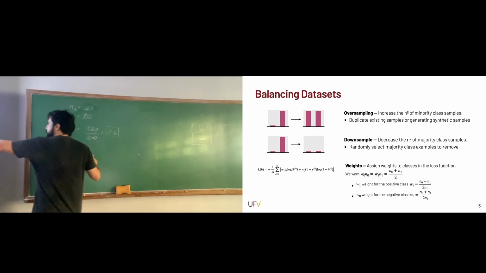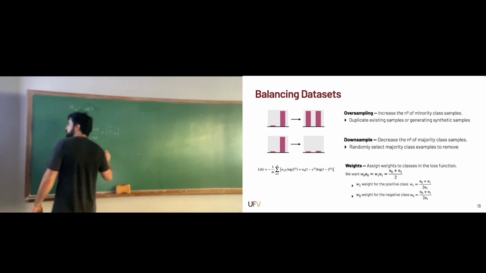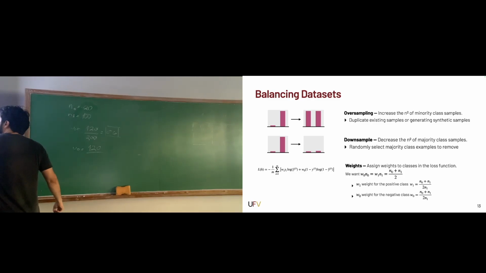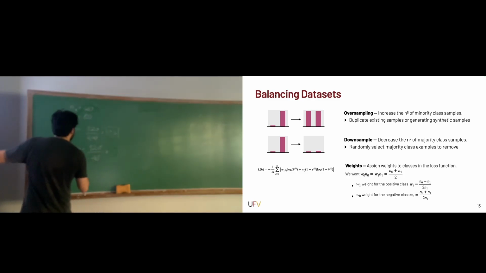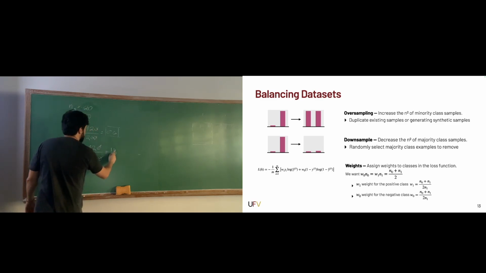And W0 would be the same thing, 120, but now divided by 2 times N0, which is 40, so it's 3.